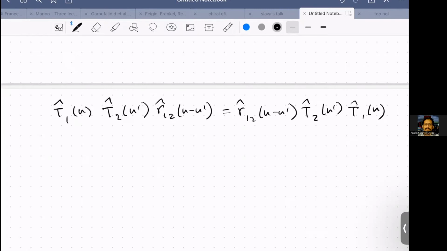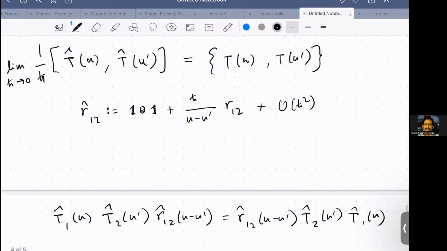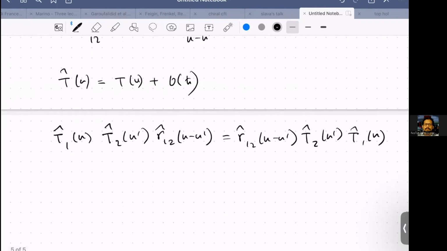As usual, T hat of u at the classical level is just the ordinary thing, plus there can be H bar order corrections. Now the claim is the following.